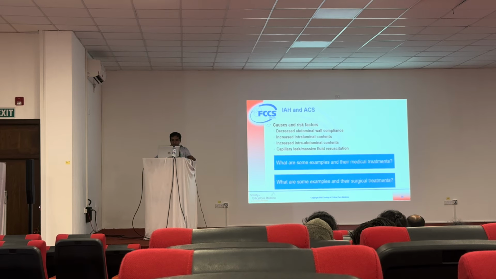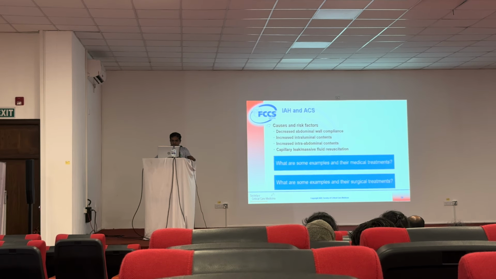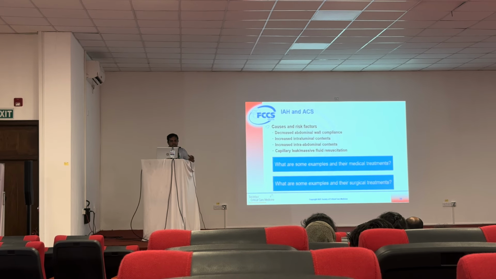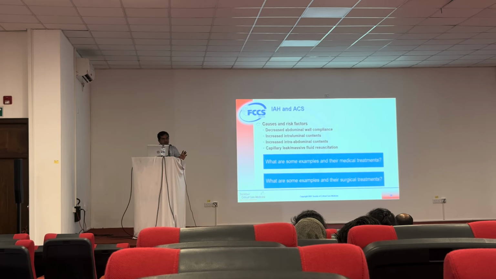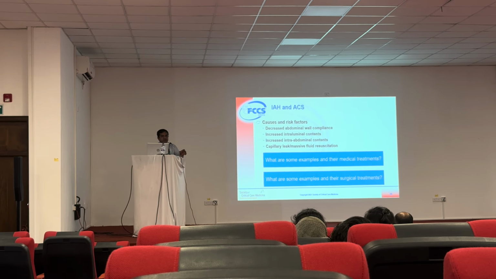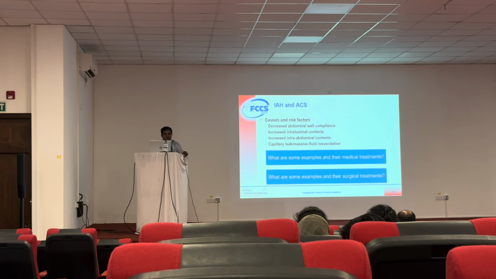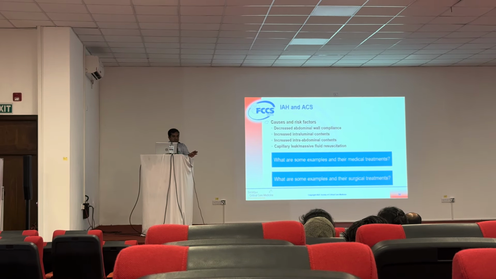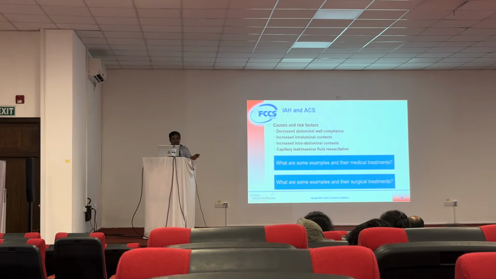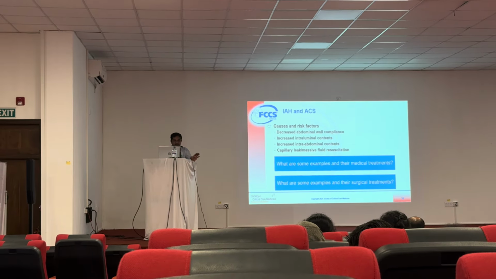Right, so intra-abdominal hypertension can cause massive consequences, especially organ damage and inflammation. So as we know, wherever there is compartment syndrome, it should be released early, because otherwise ischemia can cause many problems.